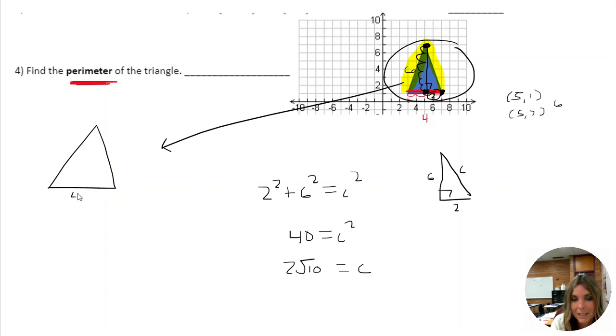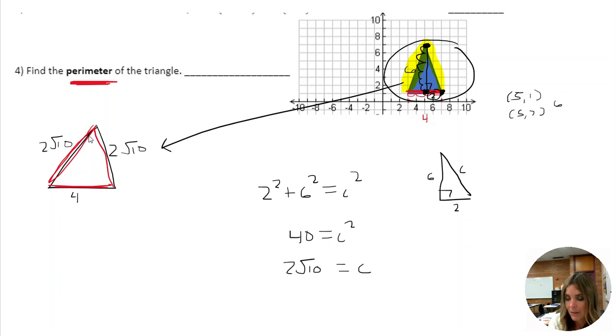So I know the base is 4. I know that one side, we just found that to be 2 root 10, which means the other side is 2 root 10. So if I'm going to find the perimeter, that means I want to add this side right here, which is 2 root 10, plus 4, plus 2 root 10.